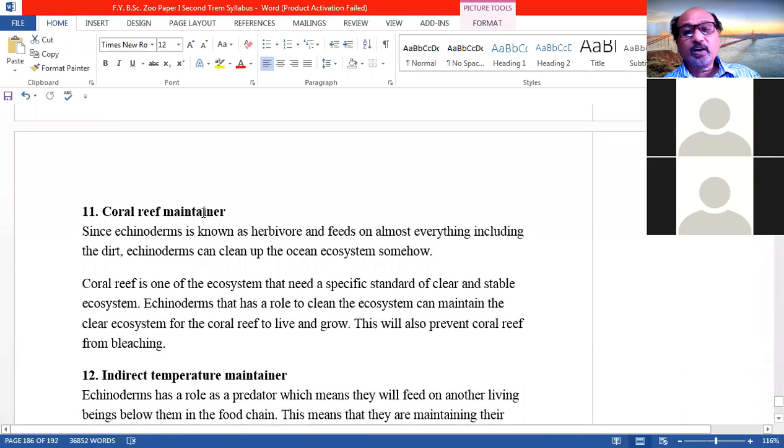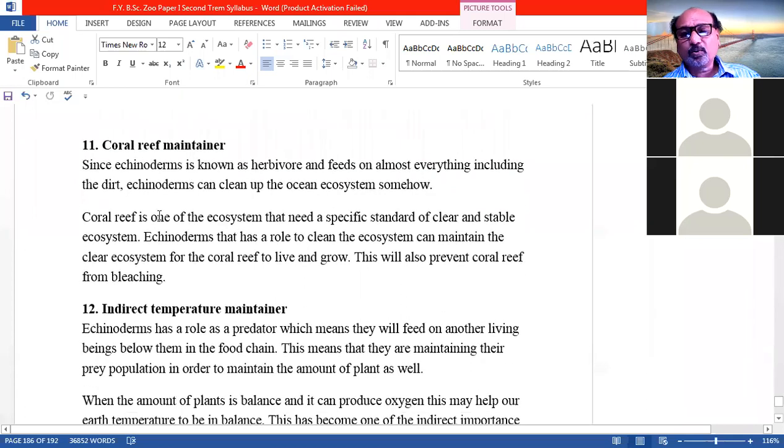The coral reef maintainer. Since echinoderms are known to feed on almost everything, including the dirt, echinoderms can clean up the ocean ecosystem somewhat. Coral reef is one of the ecosystems that need a specific standard of a clear and stable ecosystem.